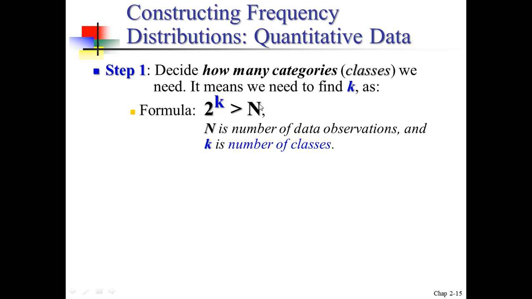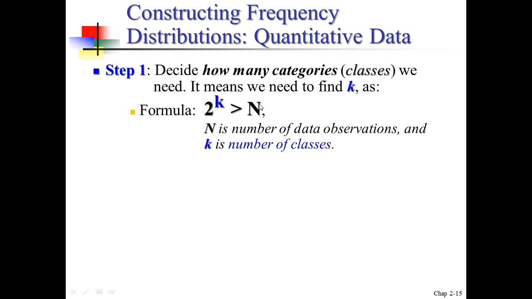Maybe you can get a calculator, or if your brain works well, you can do it by your brain. You don't need a calculator. So 2 exponent what number is greater than 50?